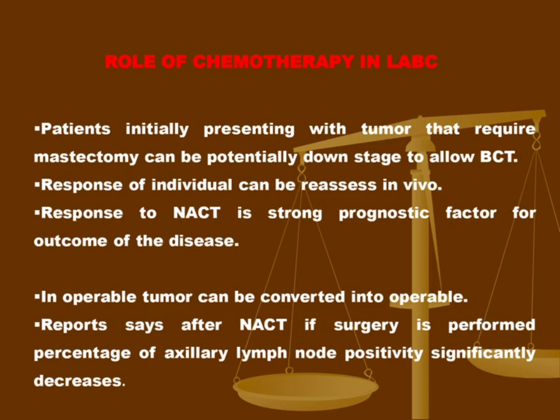Locally advanced breast carcinoma is divided into two parts: operable and inoperable. Operable is T3N0M0, T3N1M0, and inoperable is T4N0M0, T4N1, N2, N3. So we divide locally advanced breast carcinoma into two categories.